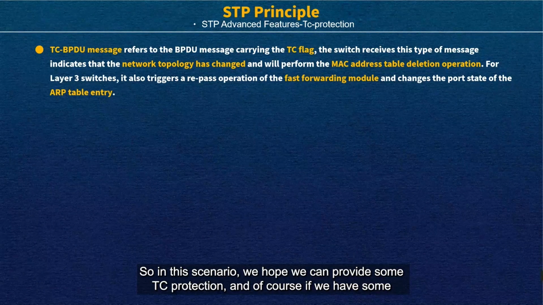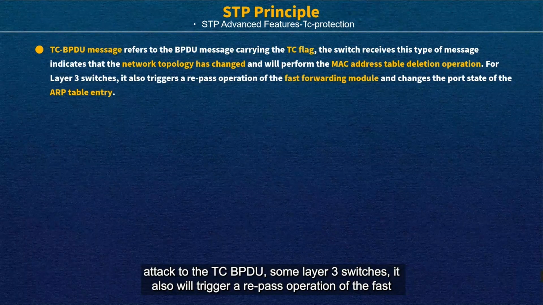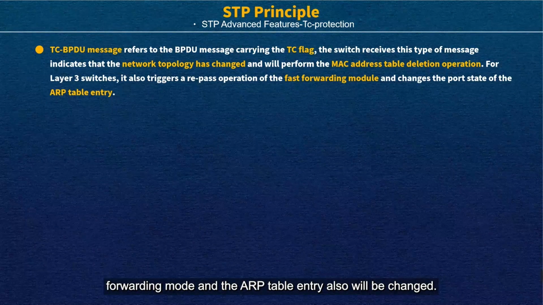So in this scenario, we hope we can provide some TC protection. And of course, if we have an attacker sending TC BPDUs, on some layer 3 switches it also will trigger a repass operation of the fast forwarding mode, and the ARP table entries also will be changed.